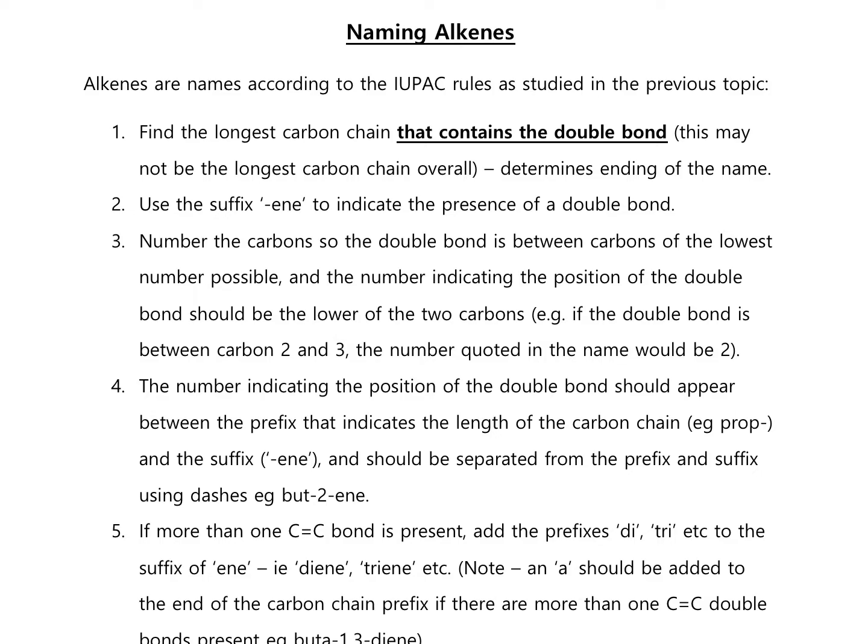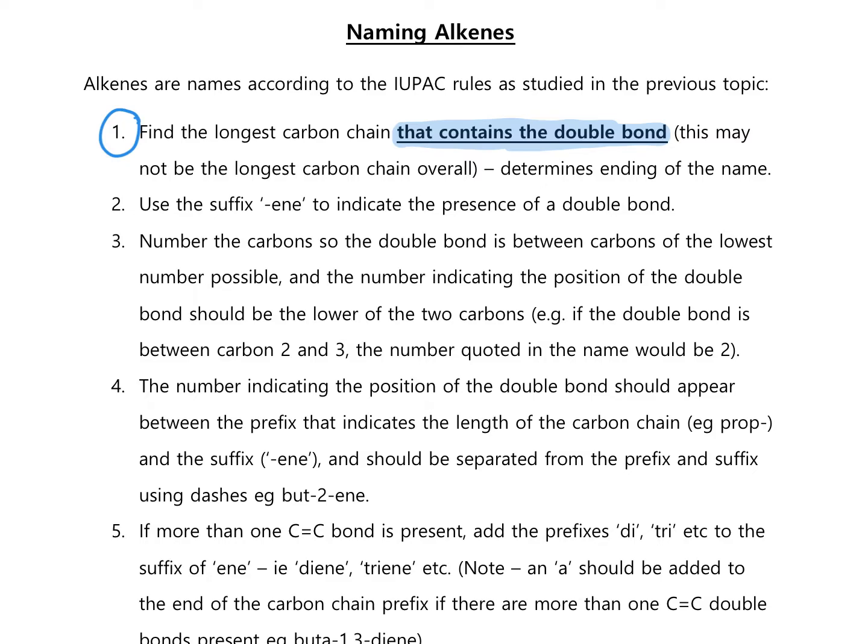So the first rule, and you need to be really careful about this rule, is about finding the longest carbon chain. That's always the first step, a bit like it was with alkanes, but there's a slight difference here in that the longest carbon chain must contain the double bond. And so what that means is that the longest carbon chain that you might actually have might not contain the double bond, in which case you don't choose that.